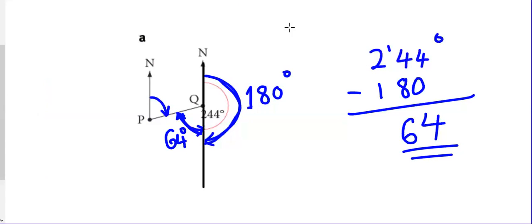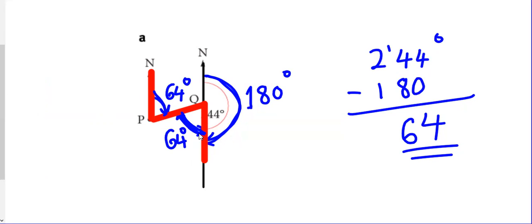So this line here, and if you go that direction and then down there, can you see something like that? If this is 64, automatically even the angle we're looking for will be 64 degrees. This is what we call alternate angles.